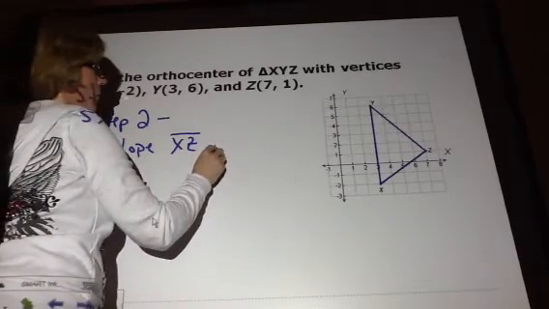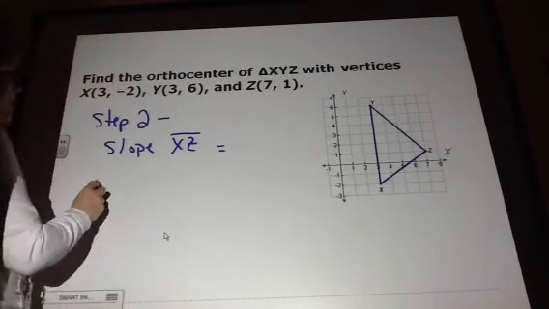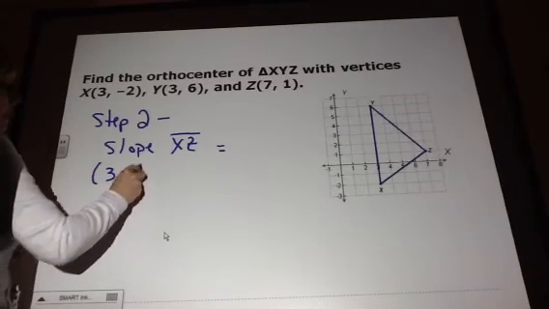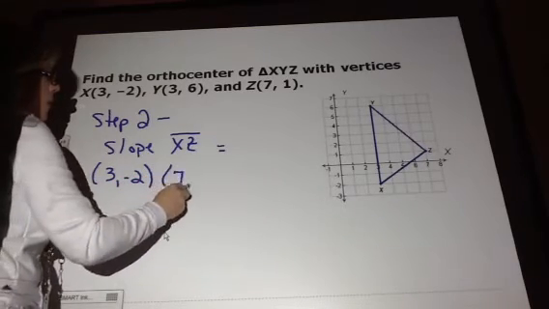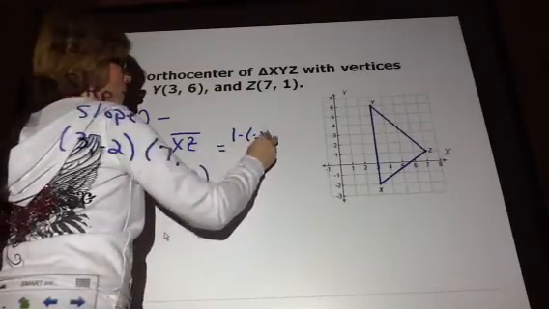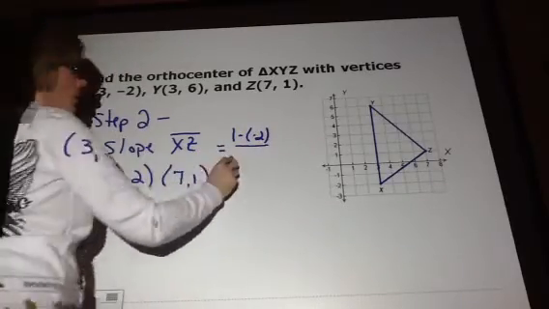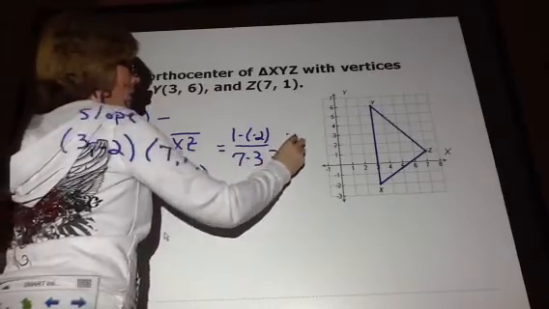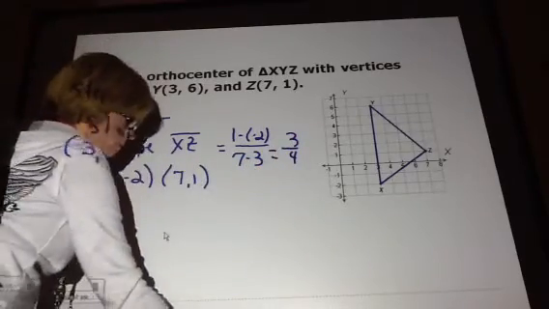Remember, slope is your vertical change over your horizontal change. X is (3, -2). Z is (7, 1). So we have 1 minus negative 2, over 7 minus 3, and we get 3 over 4.